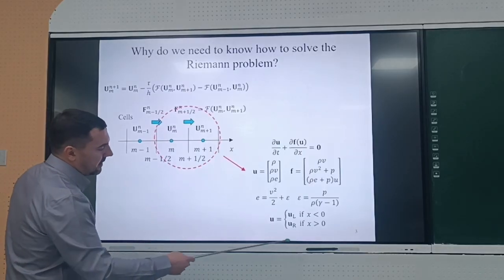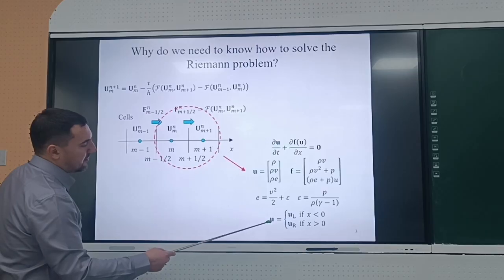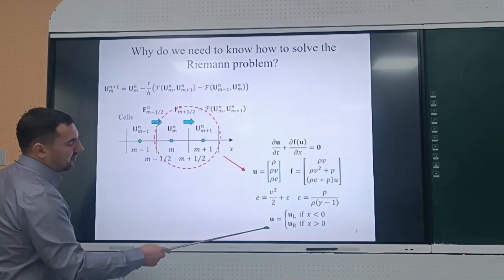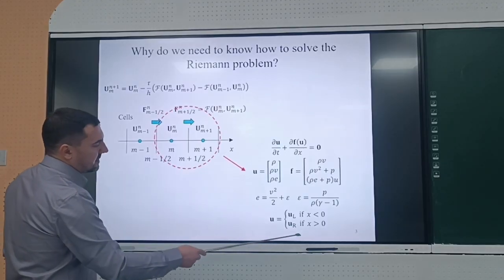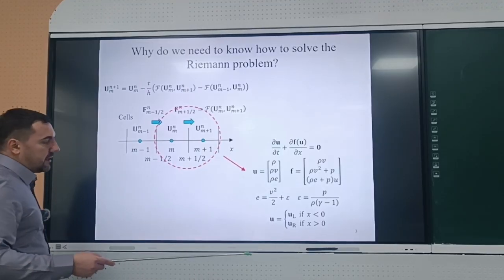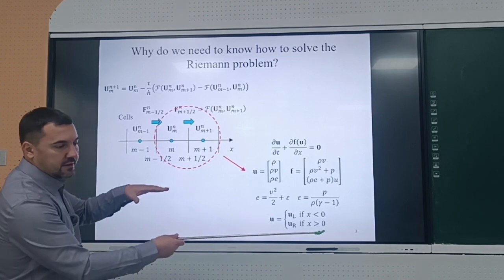Consider the initial data in the following form: U equals UL if x is less than 0, and U equals UR if x is greater than 0. So for x equals 0 we have a discontinuity, and UL and UR are just constant parameters.